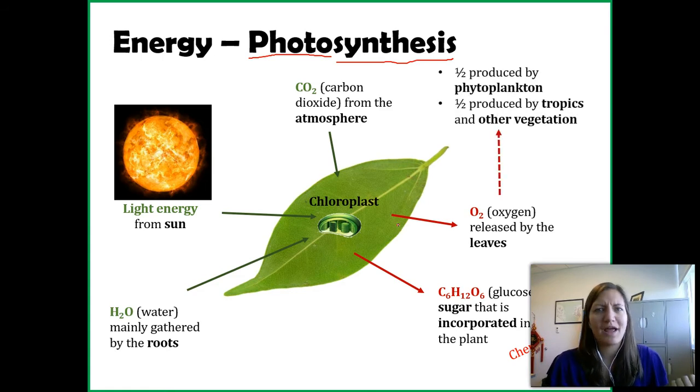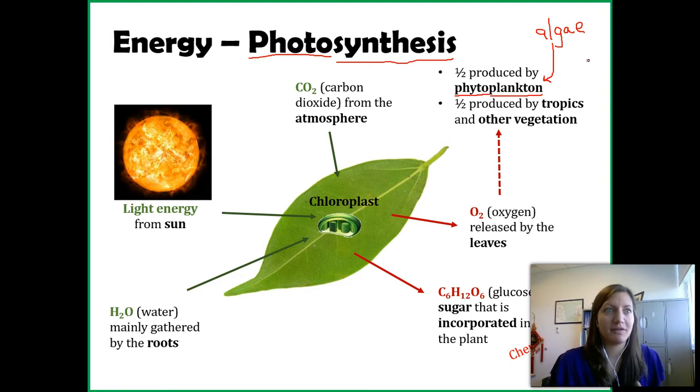Now remember earlier when I mentioned algae? Algae is a type of phytoplankton. So plankton is just a really small organism, and phyto means light. So it's a really small organism using light. Did you know half of all oxygen on Earth is from those algae? Half.